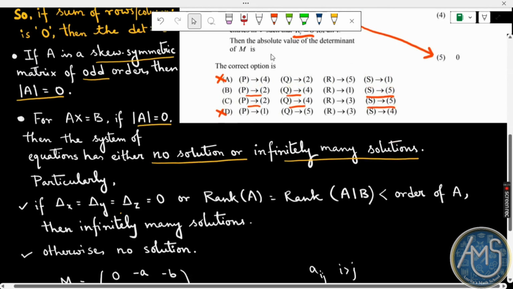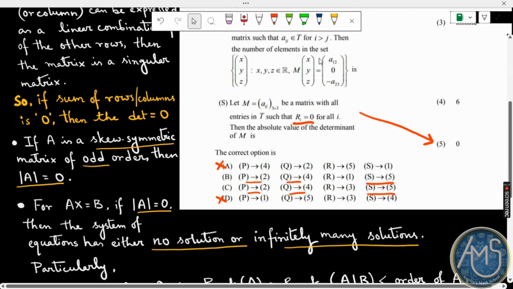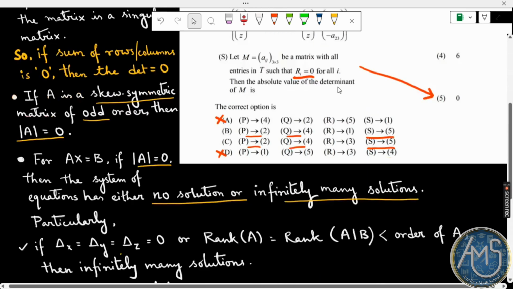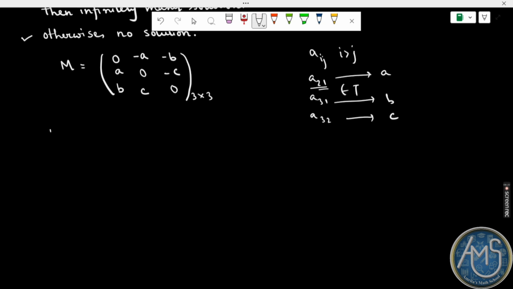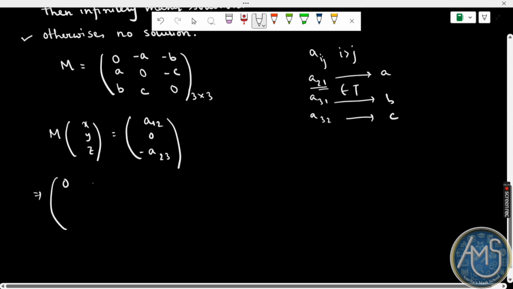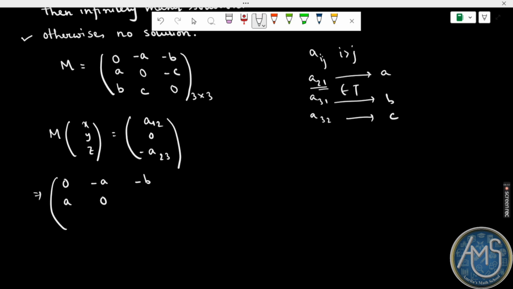Now, it is given that M times X, Y, Z is equal to A12, 0, minus A23. So M, X, Y, Z equals A12, 0, minus A23, with matrix rows 0, minus A, minus B; A, 0, minus C; B, C, 0.